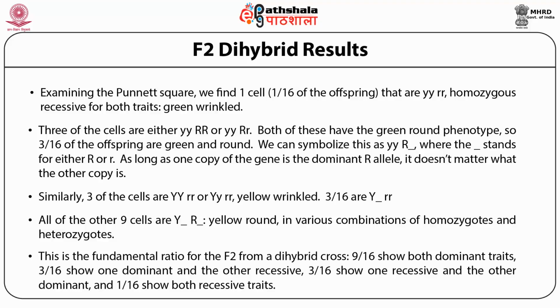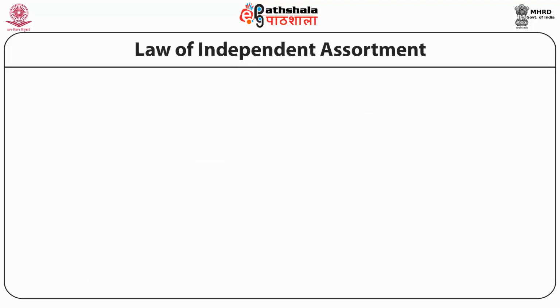9/16 show both dominant traits, 3/16 show the dominant and the other recessive, 3/16 show one recessive and the other dominant, and 1/16 show both recessive traits. Law of independent assortment.